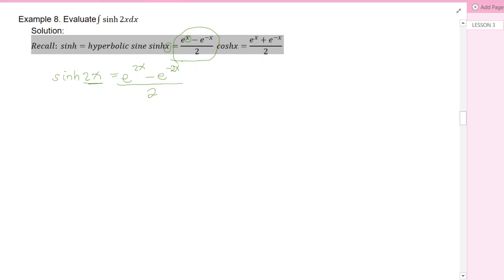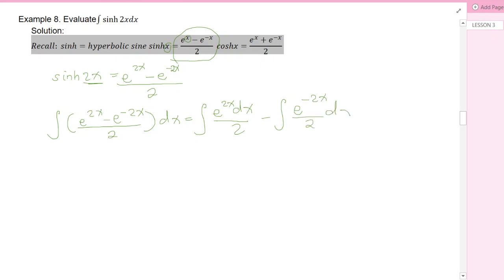Okay, so rewriting this one, it will give us the integral of (e raised to 2x minus e raised to negative 2x) divided by 2, dx. Okay, that is equal to the integral of, let us distribute dx and 2 there, e raised to 2x dx over 2 minus the integral of e raised to negative 2x divided by 2 dx.